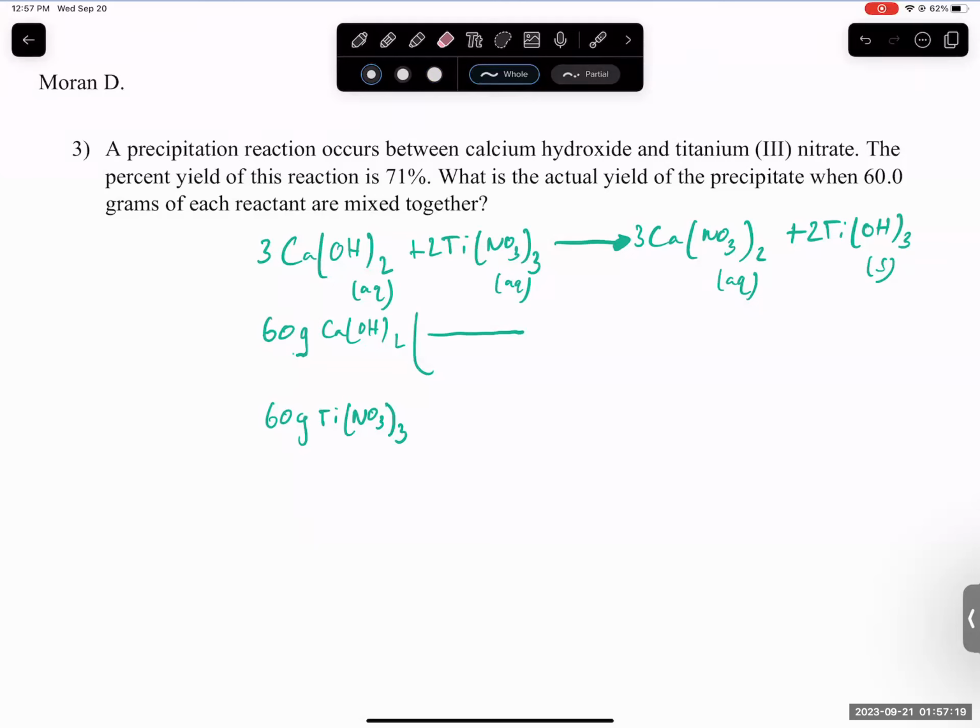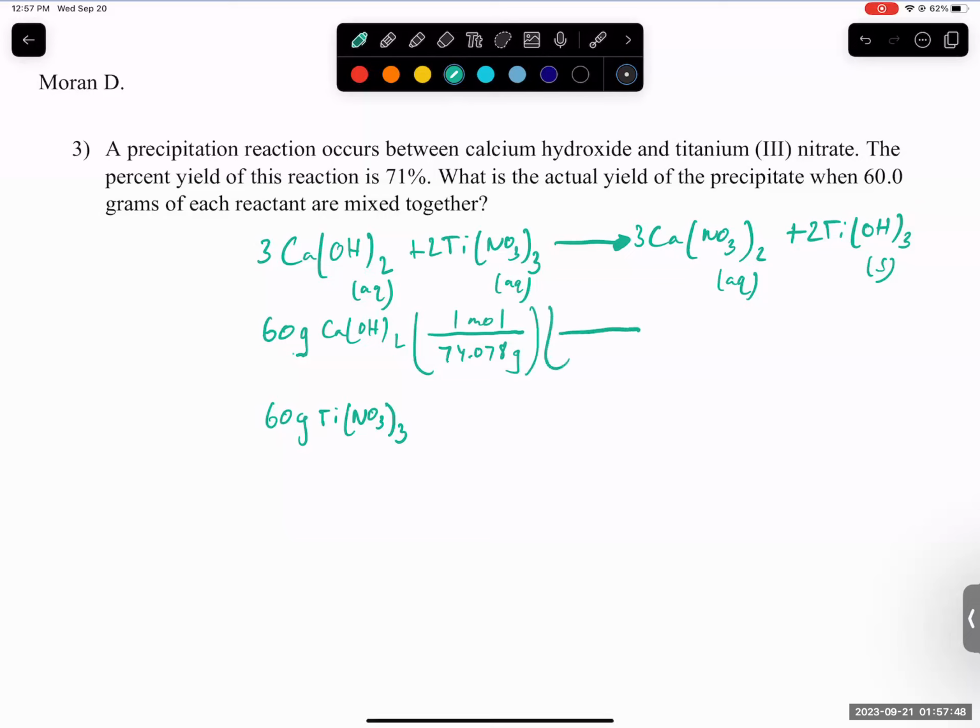I got 57.085. Wait, I think you're right, actually. It was 40. I forgot to multiply the hydroxide by 2. It should be somewhere around 74, 75. 74.078 grams per every 1 mole.